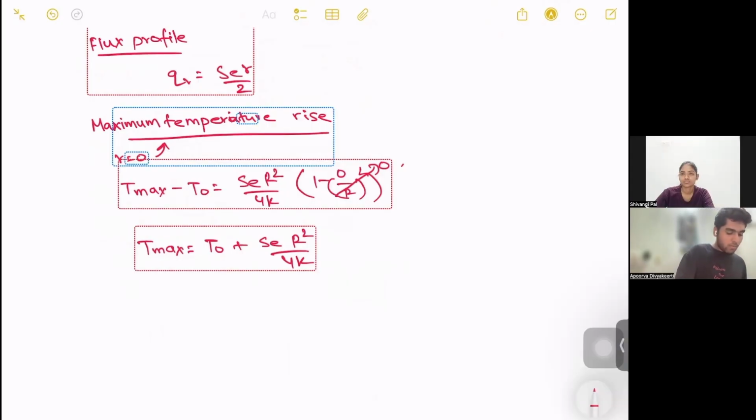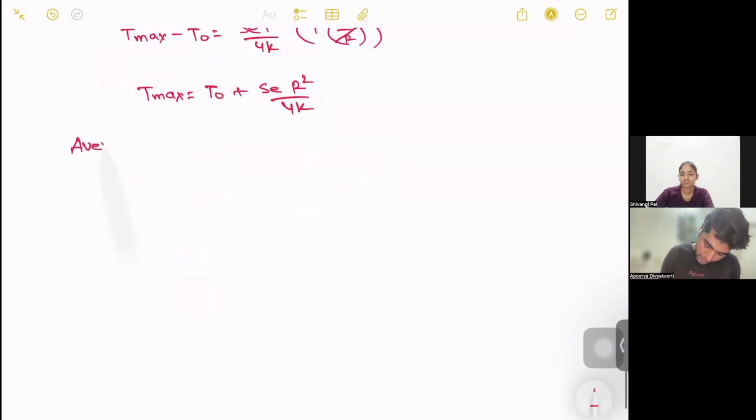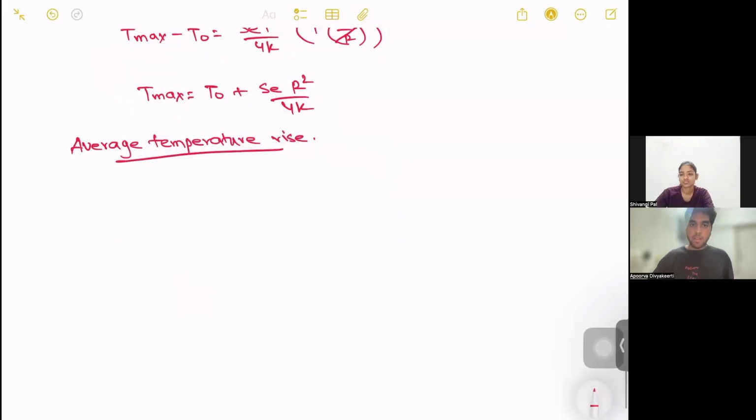Now the next one which we'll be doing is the average temperature rise. How will we get this? We have learned previously that we integrate.